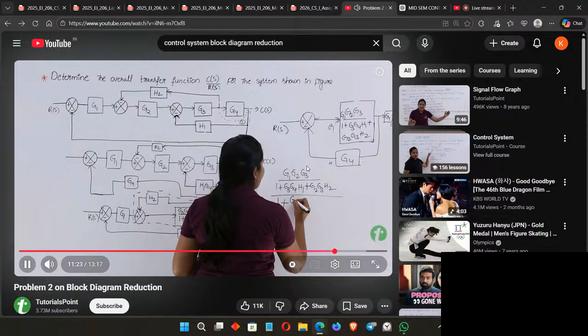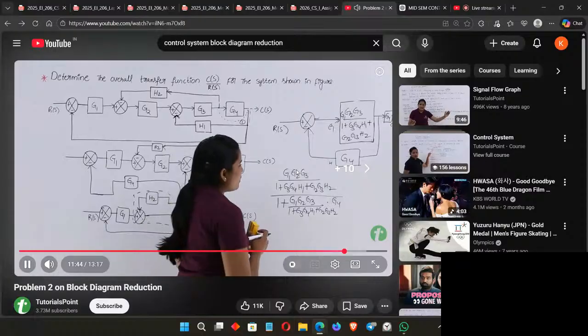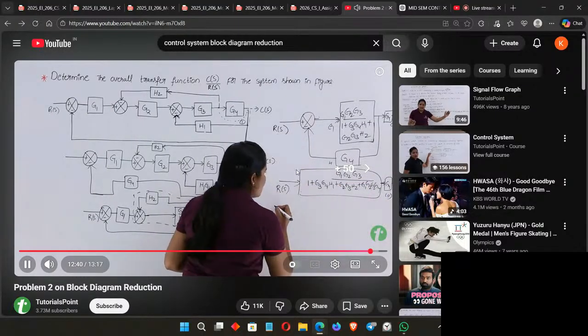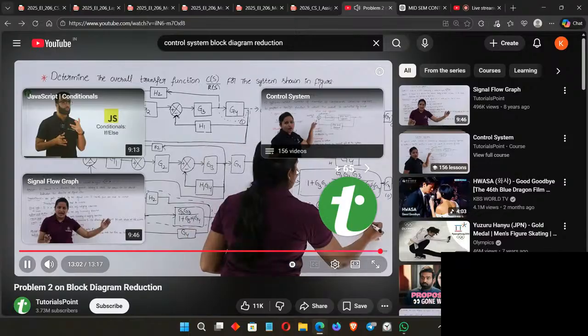This G again we need to write as G1, G2, G3 divided by 1 plus G3, G4, H1, and for G2 as you see in this block, plus G4.